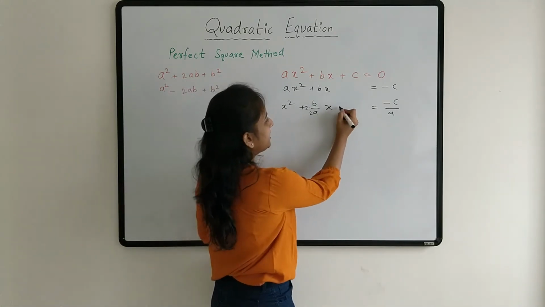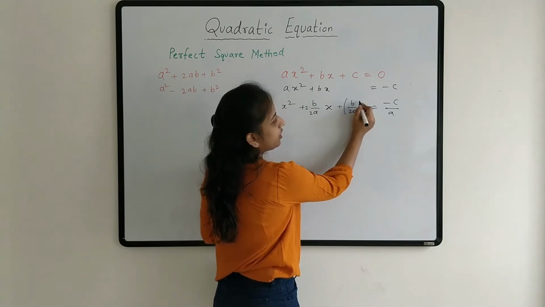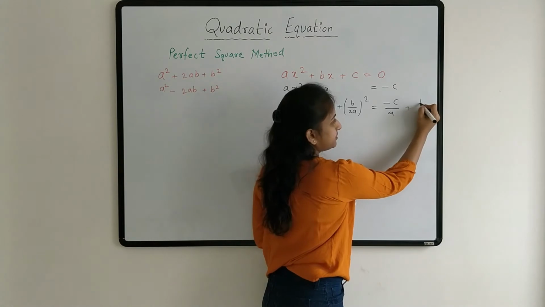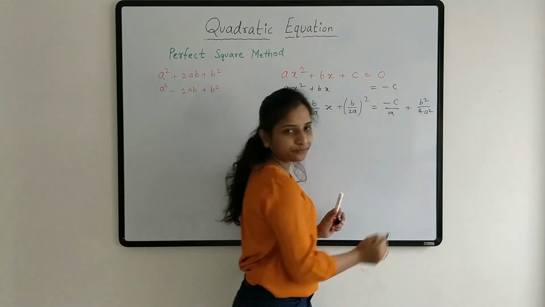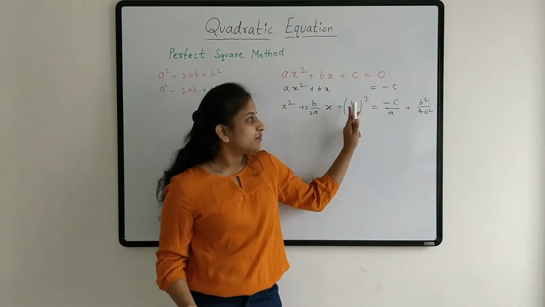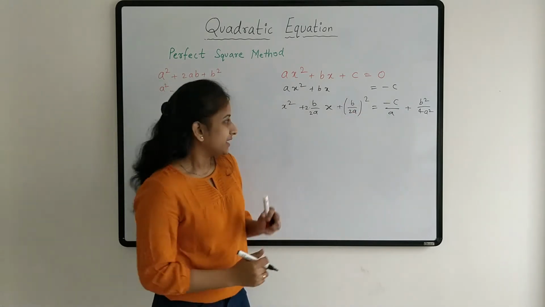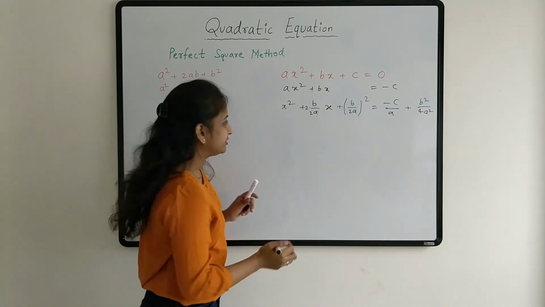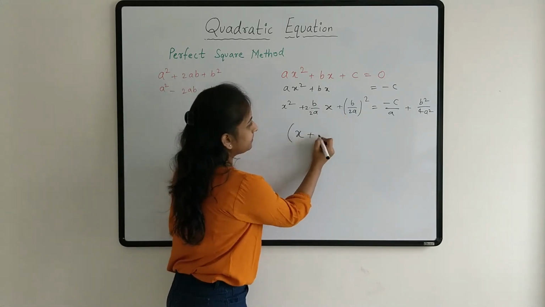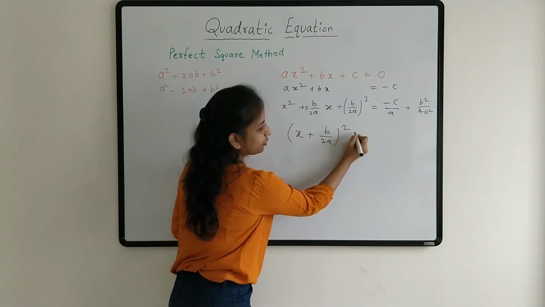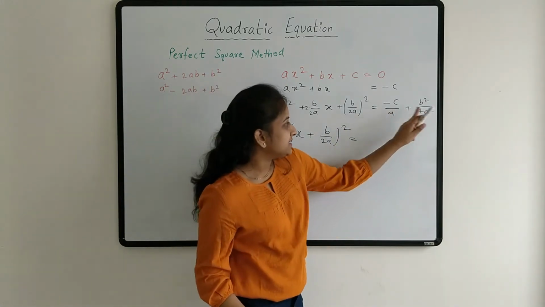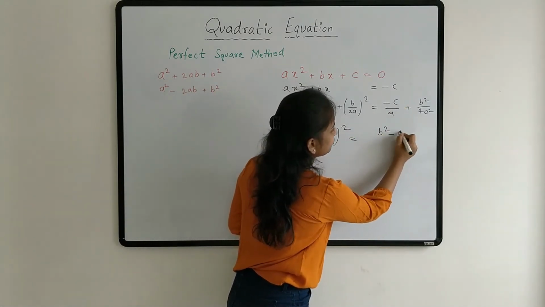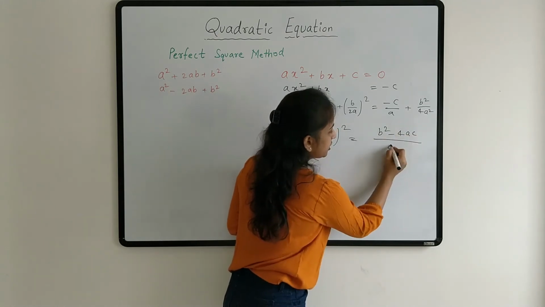So we are adding b by 2a whole square, that means b square by 4a square, on the LHS and RHS. Now this complete expression is a perfect square. So we can write x plus b by 2a whole square, and on the right, taking the common denominator, we get b square minus 4ac by 4a square.